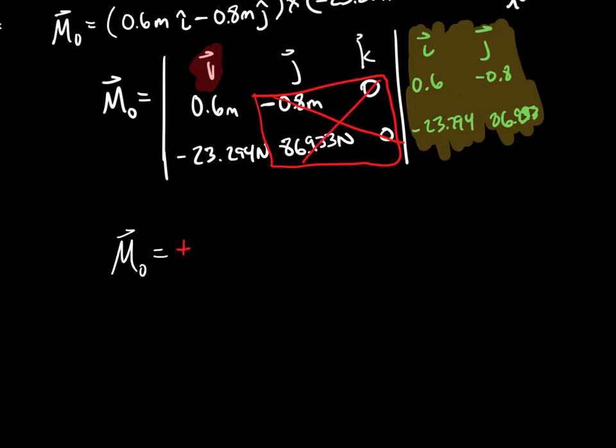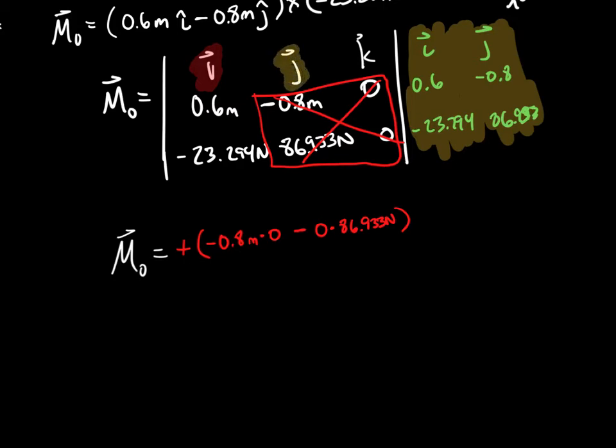So I'm going to do plus, and I'm going to put parentheses: negative 0.8 meters times 0, minus 0 times 86.933 newtons. Notice we've got a bunch of zeros there.